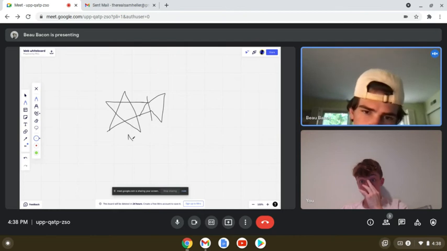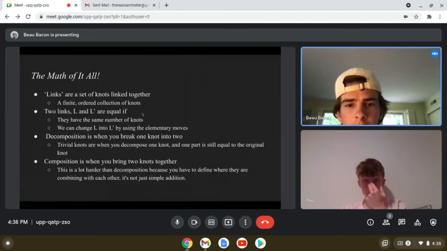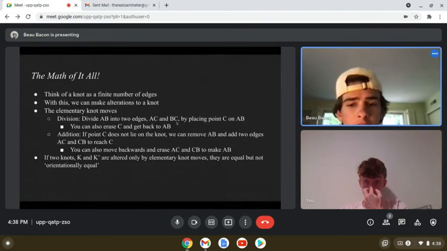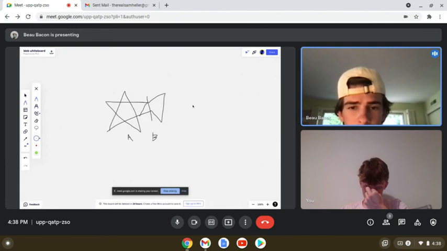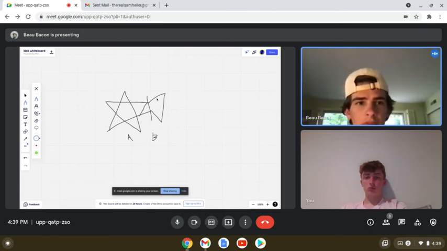We'll just call this A and B. And we have a trivial knot. So this decomposition was technically trivial because there's no lacing or interlooping in the knot that we cut off, A is still equal to the knot that we had before.